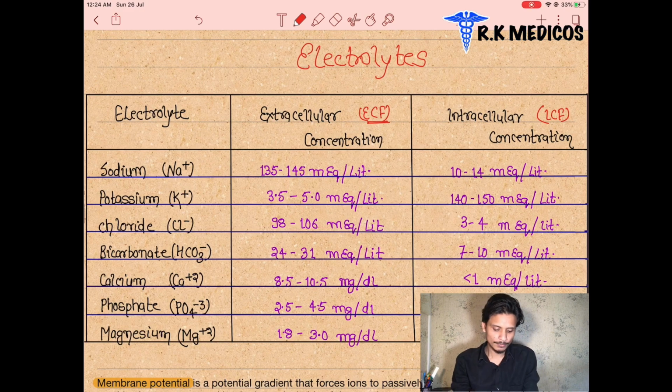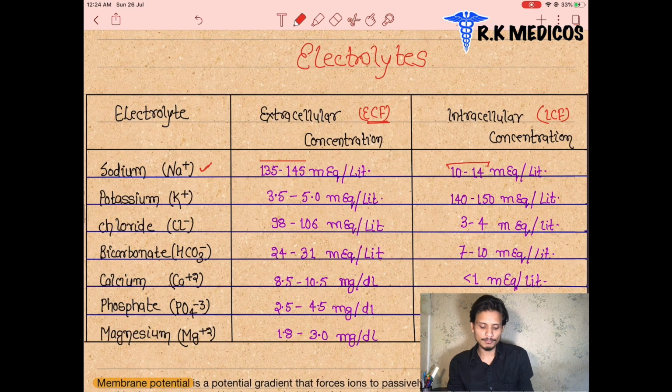Sodium is an electrolyte. Its concentration in the extracellular fluid is 135 to 145 milliequivalent per liter, while in the intracellular fluid the sodium concentration is 10 to 14 milliequivalent per liter.